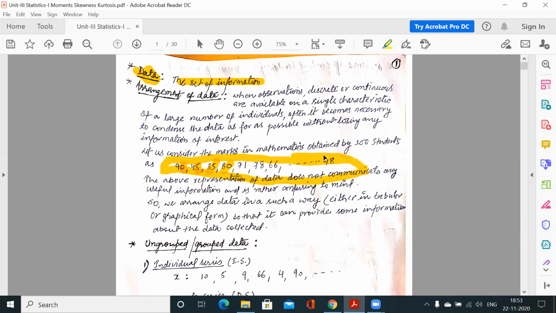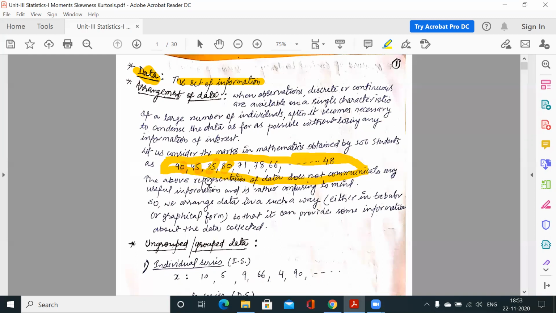But suppose I arrange this data in such a way that I divide it into four parts: the students who got marks from 0 to 25, from 25 to 50, 50 to 75, and 75 to 100.